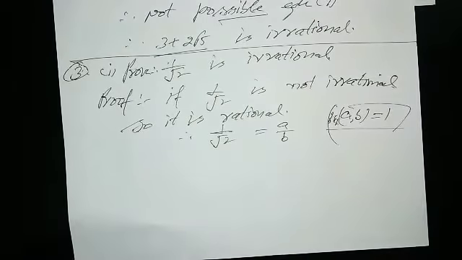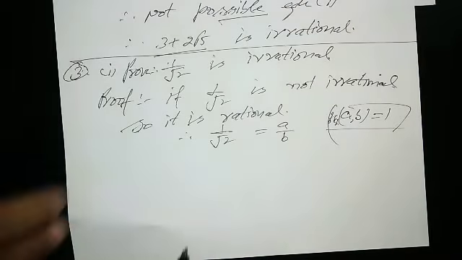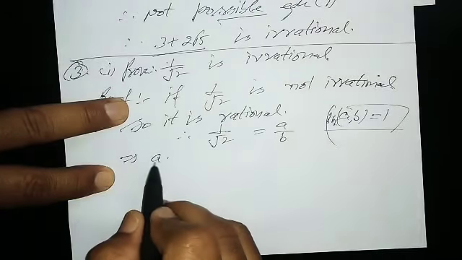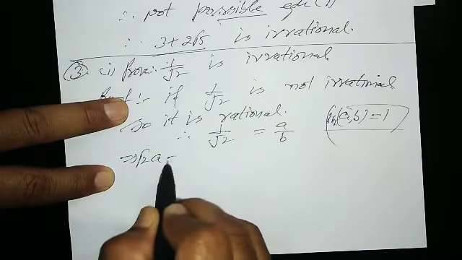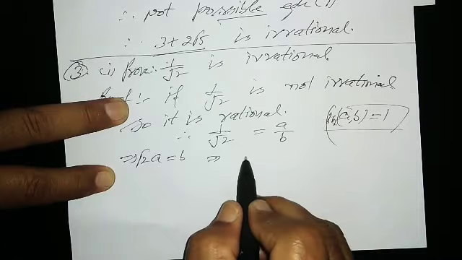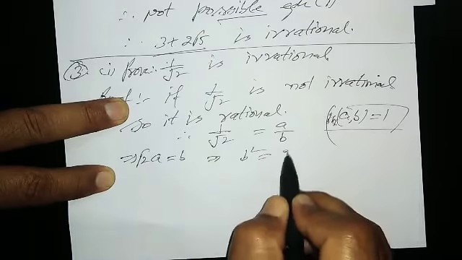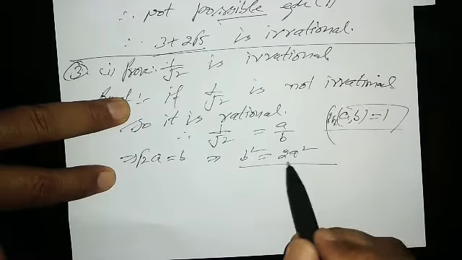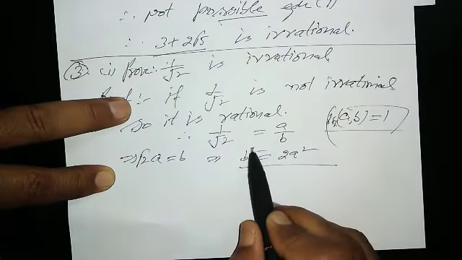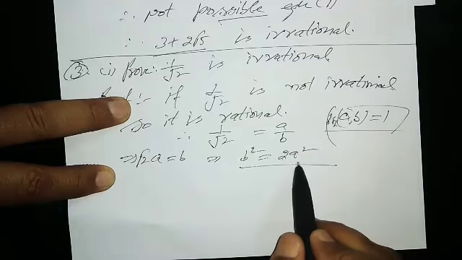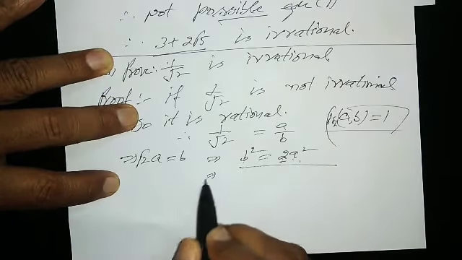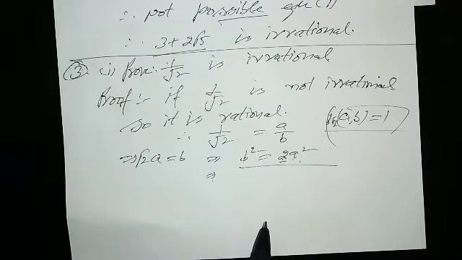I will do this question roughly because the steps are nearly the same. You can write it as a into root 2 equal to b, and after squaring you will get b square equal to 2a square. Here a cannot divide b and b cannot divide a, but 2 is a multiple of this factor.